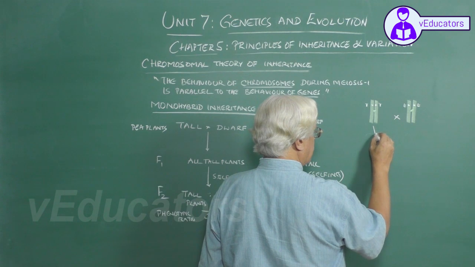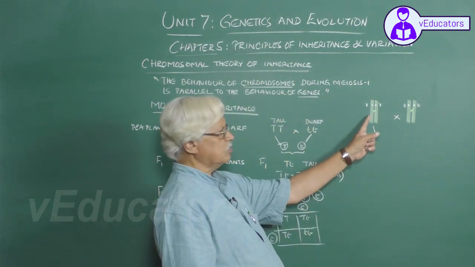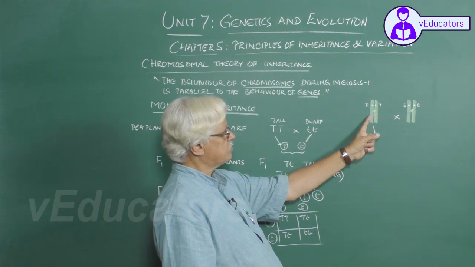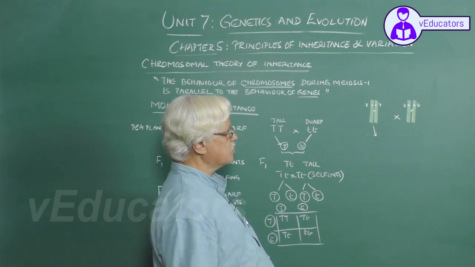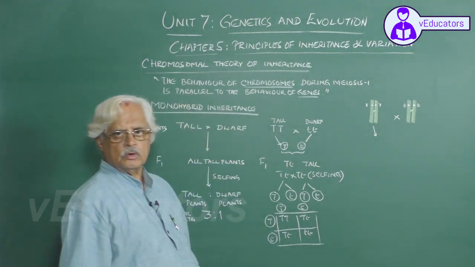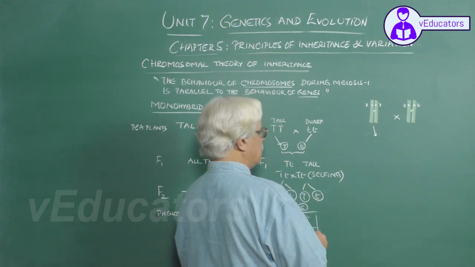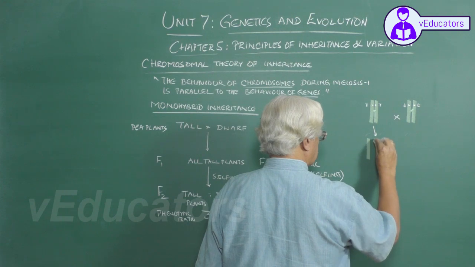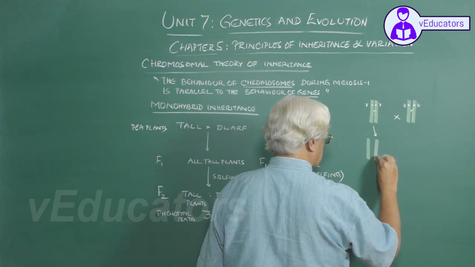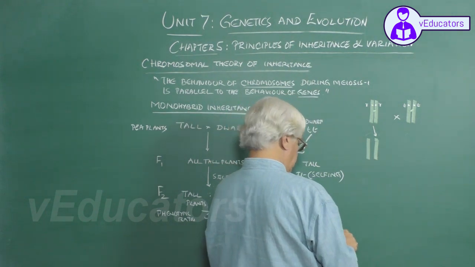What will be the gamete now? Of these two homologous chromosomes, there is separation of these homologous chromosomes during meiosis. So, you will see the two homologous chromosomes separating.